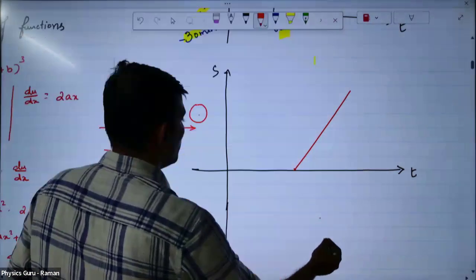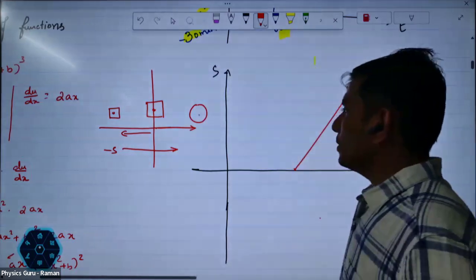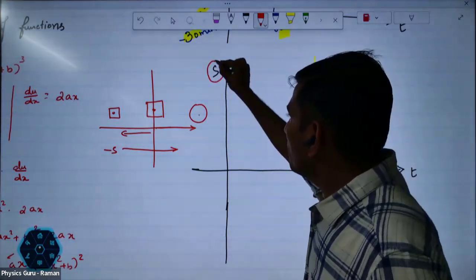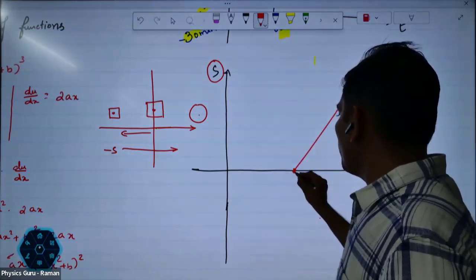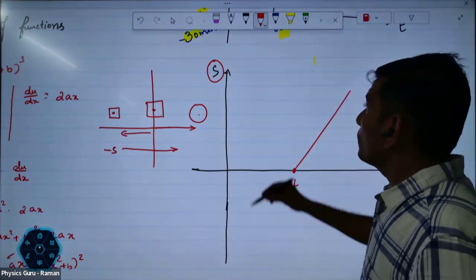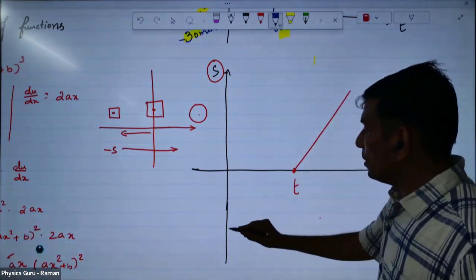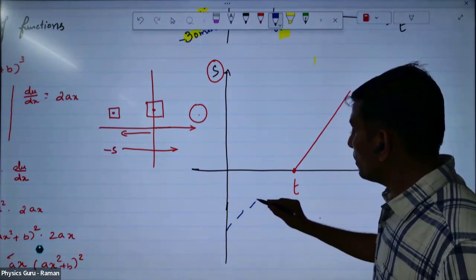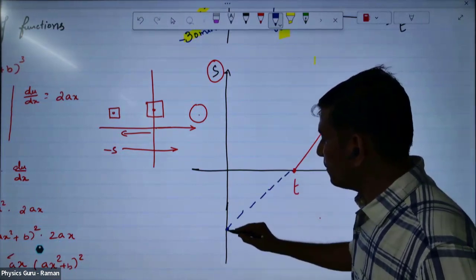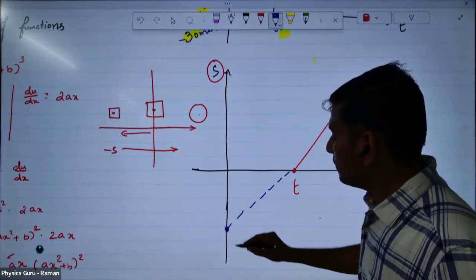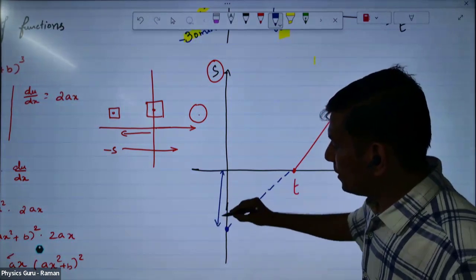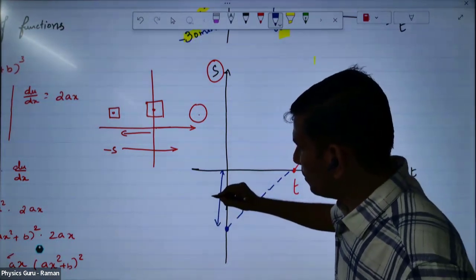Let's imagine something like that. Under that condition, here you already have some time. So when the time is equal to 0, what would have been his displacement? He would have started already here. So this is going to be his initial displacement.